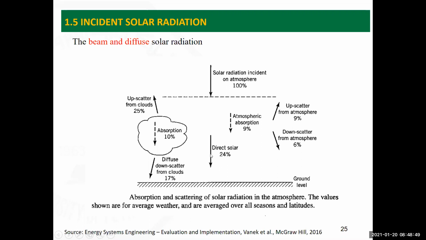This is some sort of average value, a typical value, not an exact one, but it gives us an idea of how much radiation is falling onto a surface. This is direct radiation. Then there is something absorbed by the clouds, about 10%. Some of that is scattered or radiated back, and some of it is going to be radiated from the clouds to the earth.